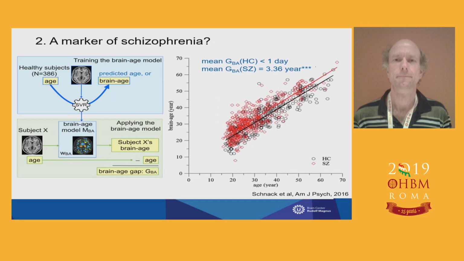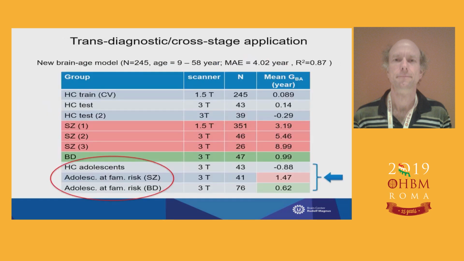So indeed, you could apply it to scans of people with schizophrenia, and what you then find is that the brain age is on average about 3.4 years older in patients with schizophrenia as compared to their chronological age. So let's apply that to the adolescents, the offspring sample, which you see at the bottom.